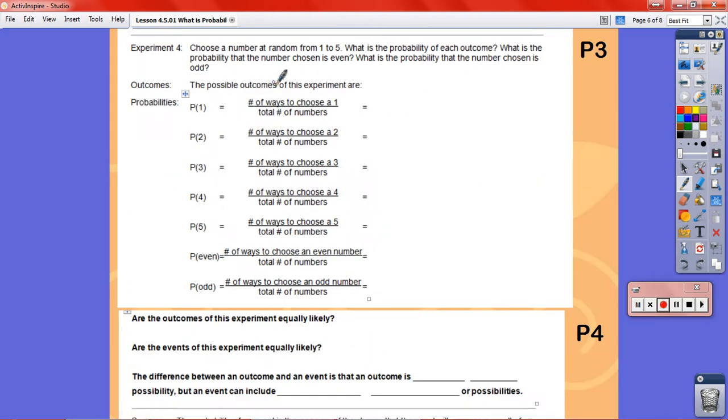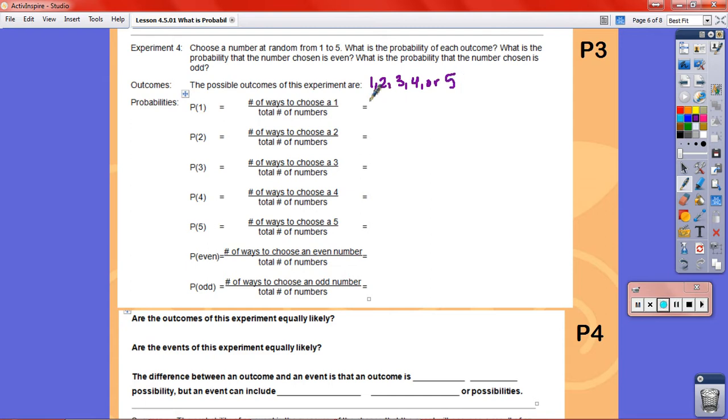Our fourth experiment, I believe, yeah, this is our final experiment, is choosing a number at random from 1 to 5. What is the probability of each outcome? What is the probability that the number chosen is even? And what is the probability that the number chosen is odd? So the possible outcomes of a number 1 through 5 are 1, 2, 3, 4, or 5.